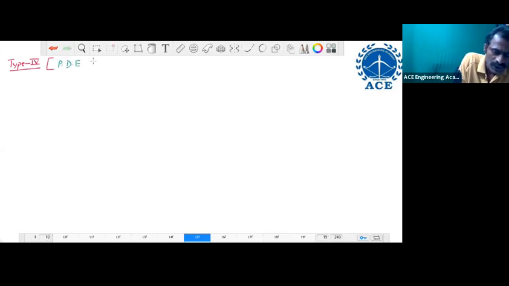Partial differential equation of the form z equal to px plus qy plus f of p comma q. The name of this equation is Clairaut's form. Now this is Clairaut's form.